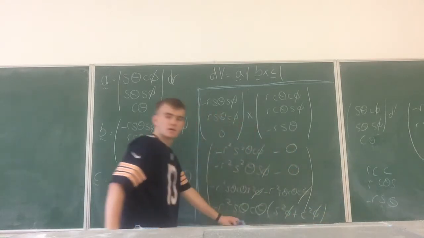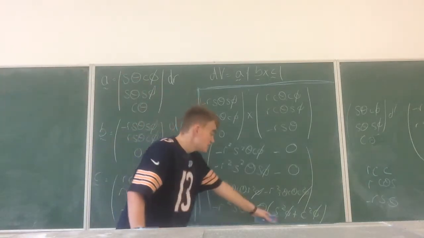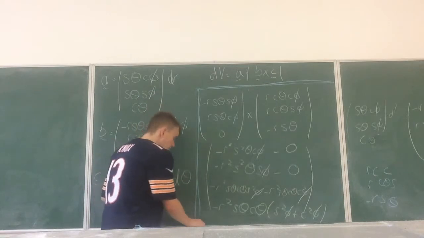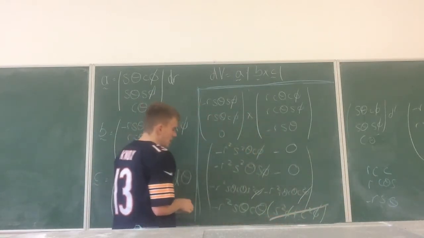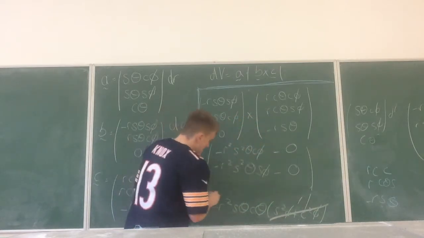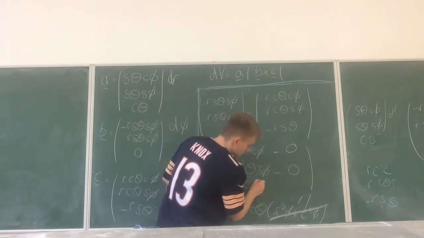So we're just putting it into brackets, and then this equals 1. Sine squared plus cos squared equals 1. So we can actually get rid of that whole thing, just go for the 1, and we can change this bottom line here to minus r squared sine theta cos theta.